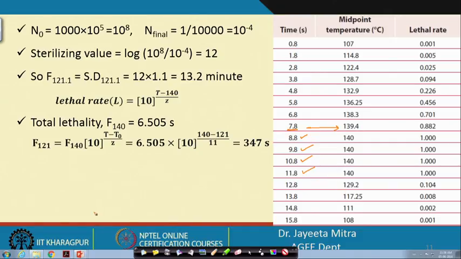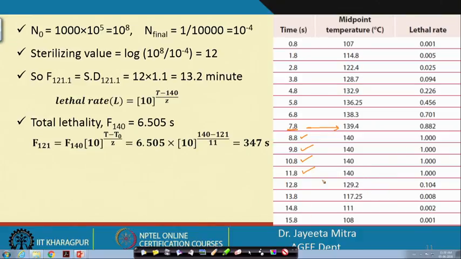And if we consider the total processing time starting from the heating to the cooling, the total lethality, if we try to find it, we are getting 6.505 seconds at 140. This total has been done at different temperatures.